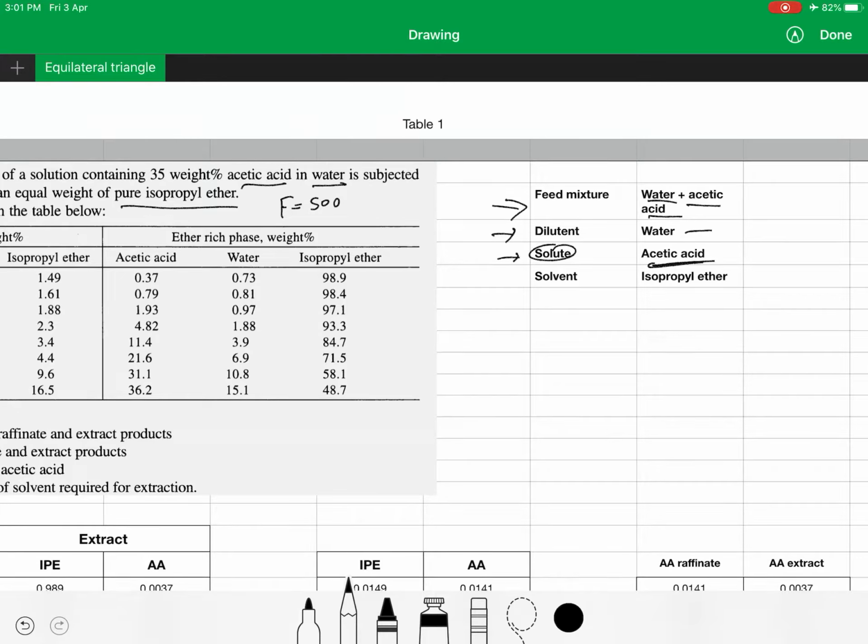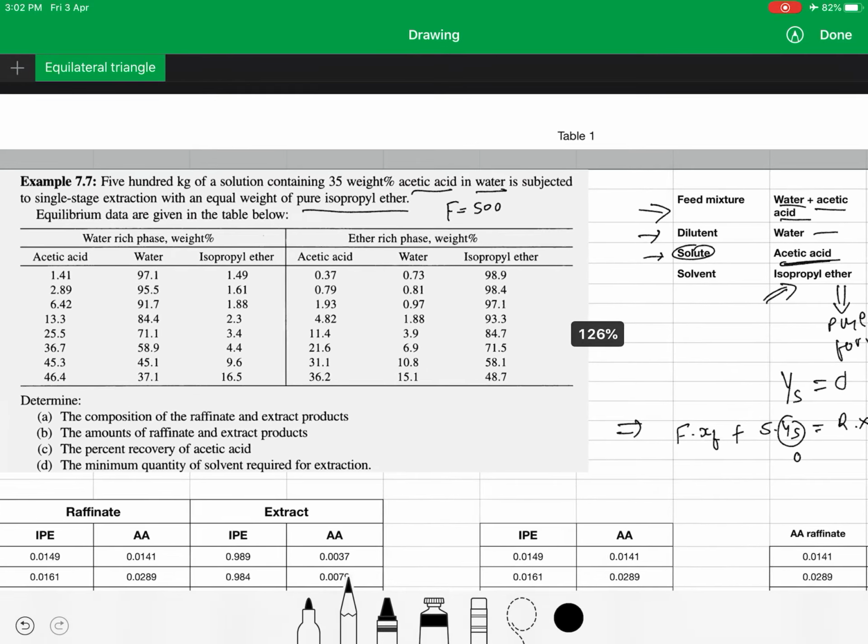So Ys, the amount of solute in the solvent, is 0. We know the equation F xf plus S ys equals R x plus E y. Since Ys equals 0, it would be good for us to calculate the Xm value.